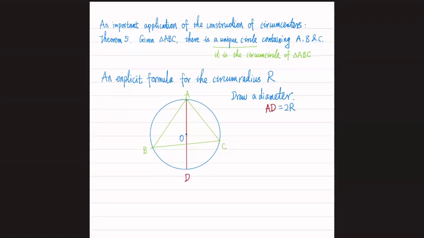Then I connect BD. Then by the inscribed angle theorem, both angle C and angle D are inscribed angles for the same chord AB. So these 2 angles are the same.